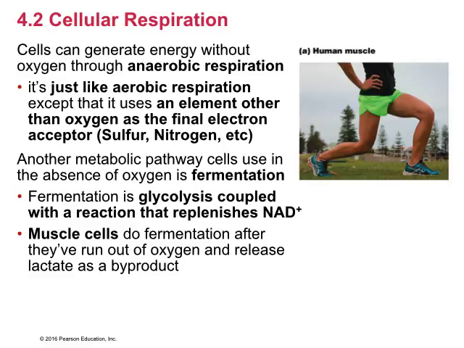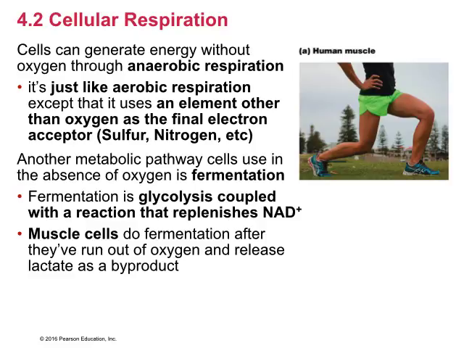Muscle cells do fermentation after they've run out of oxygen and then release lactate as a byproduct. When you do a bunch of aerobic exercise and burn through the oxygen available in your body, outpacing how much oxygen you can replenish, your muscle cells start doing fermentation in order to get ATP.